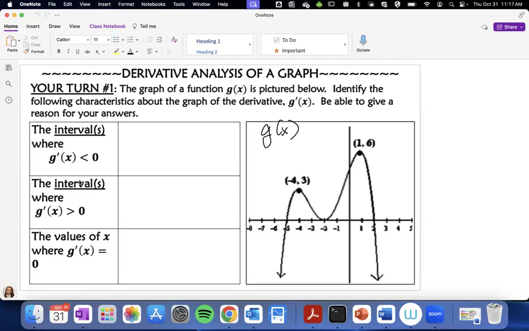And if I want the intervals where g prime is positive, it's where it's increasing, okay? All right, so go ahead and do that. And the values of x where g prime is 0. Take a minute and do that.